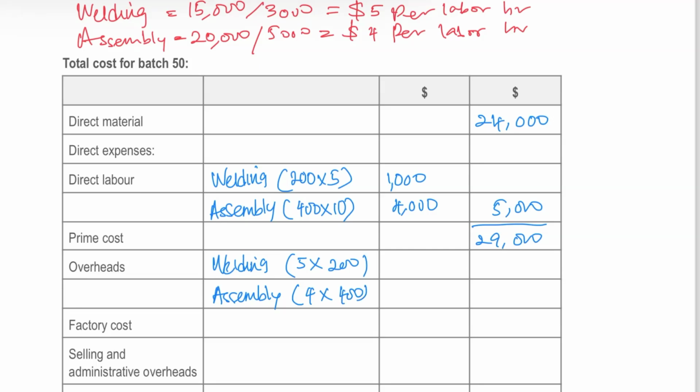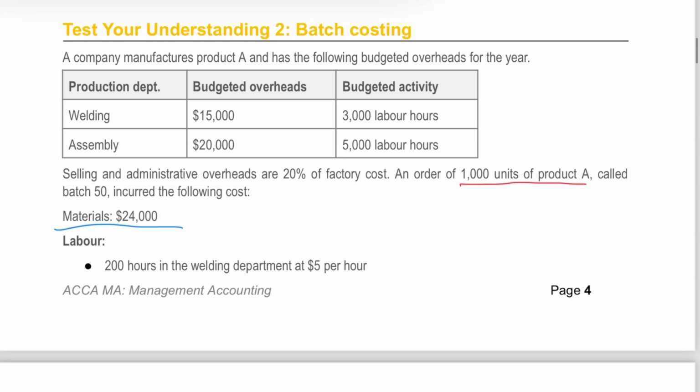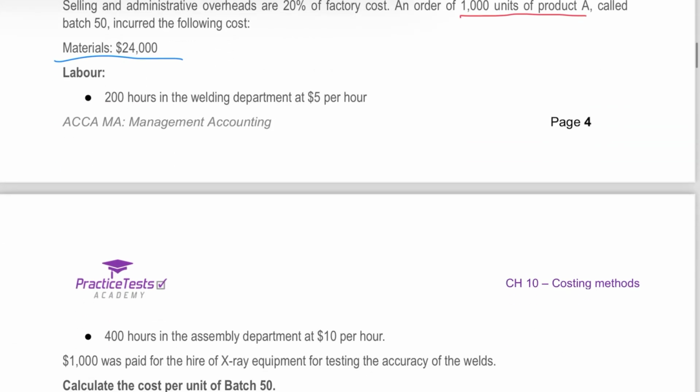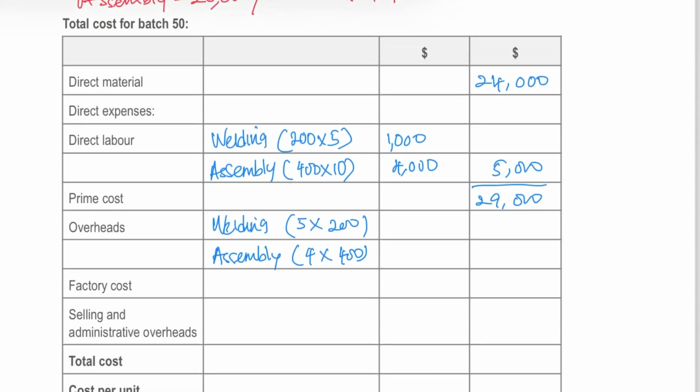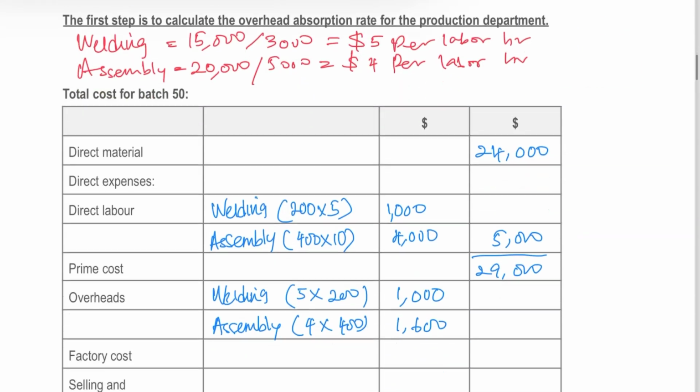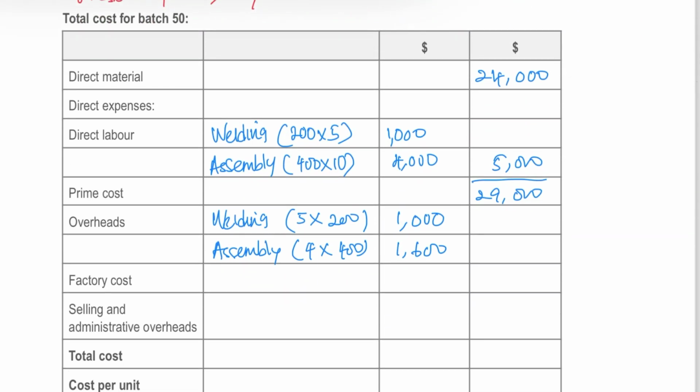So that was given above. So we can just include those two bits of information. So that will be 1,000 and that will be 1,600. I hope that was clear. So that will be 2,600 as the overheads. Then we have the factory cost.